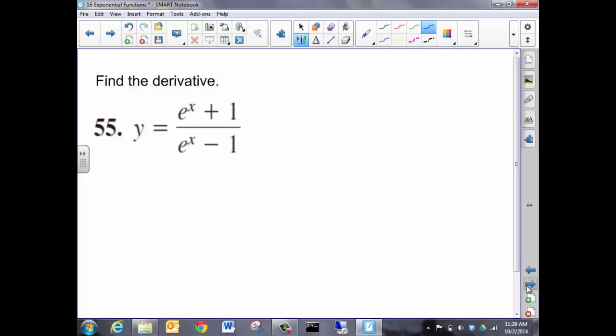Very good. We've got to use the quotient rule here, class. Got to use the quotient rule. Must use the quotient rule. So see what you can come up with there.